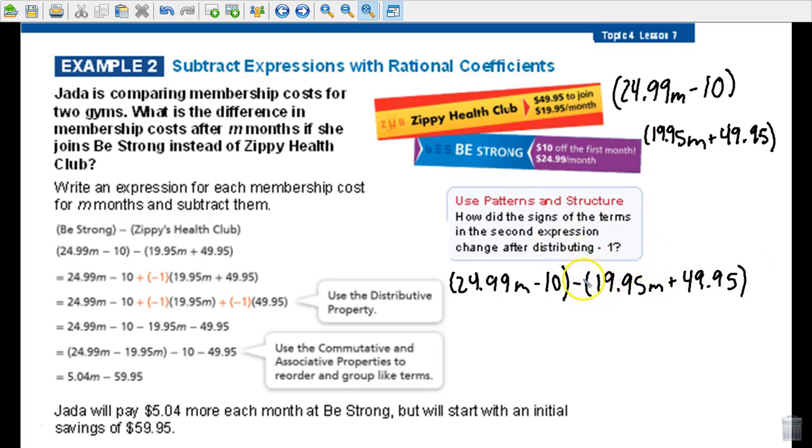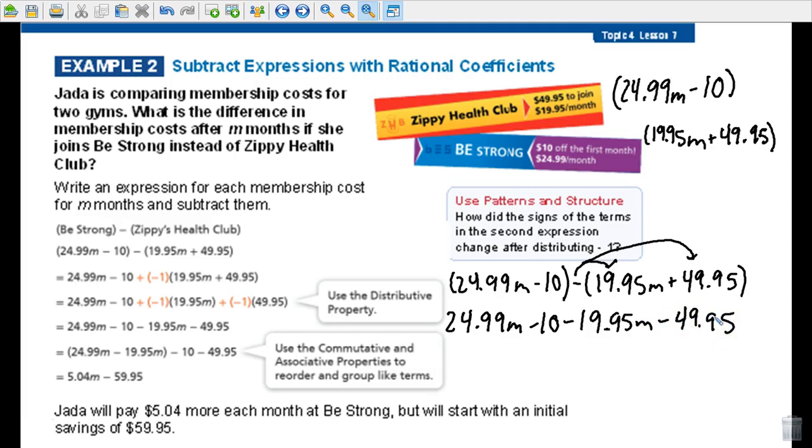So I have to distribute this negative sign to all the terms in the parentheses to the right of it. It's like a -1. It's like I'm distributing a -1 to 19.95 M and positive 49.95. So I can just rewrite it: 24.99 M minus 10. -1 times 19.95 M is negative 19.95 M. And then -1 times positive 49.95 is negative 49.95.